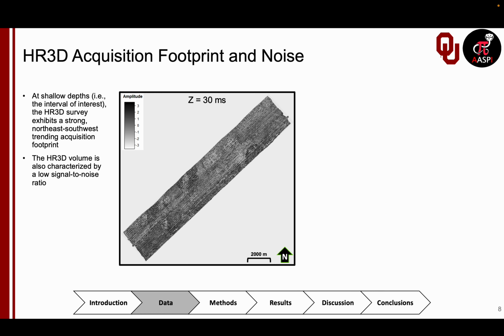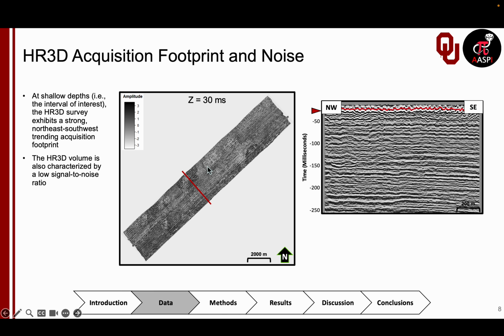Now, I don't want to spend too much time on this, but with this high frequency data does come a little bit of a downside, and that is that this survey does have a very strong acquisition footprint, and it is just inherently noisy. So at shallow depths, this is at a time slice from 30 milliseconds, we can see this very prominent northeast to southwest trending acquisition footprint here, all these lineations here.